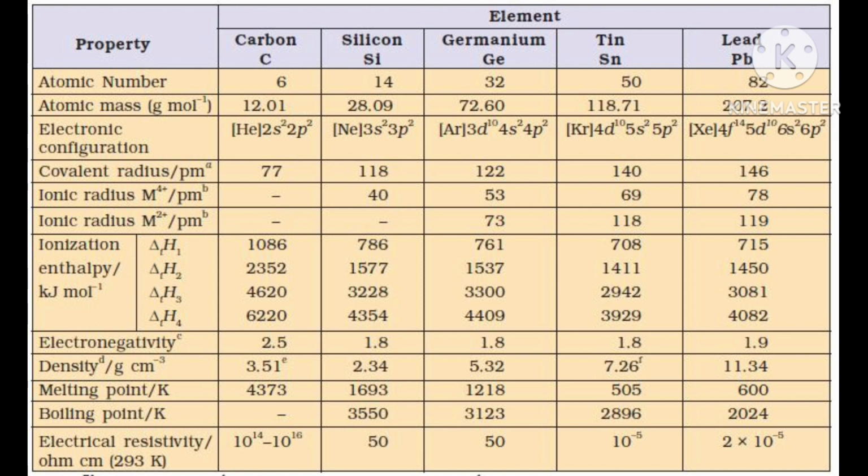Other elements of the group can do so because of the presence of d orbitals in them. Due to this, their halides undergo hydrolysis and have a tendency to form complexes.